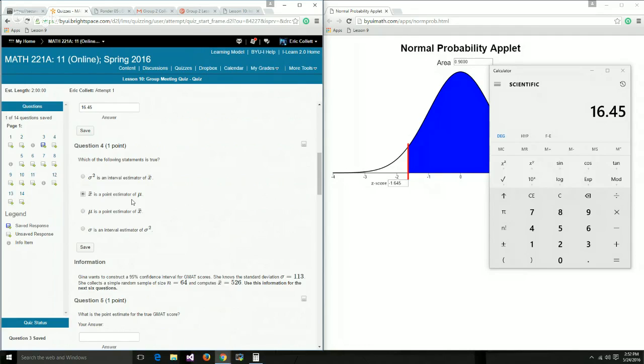So x bar is a sample mean, which is a statistic, and mu is a population mean. The purpose of a statistic is to try to estimate a population parameter. Does that make sense? Yeah, so it would be this one, because x bar would be estimating where the real population mean would be. Exactly. So it's got to be this one.